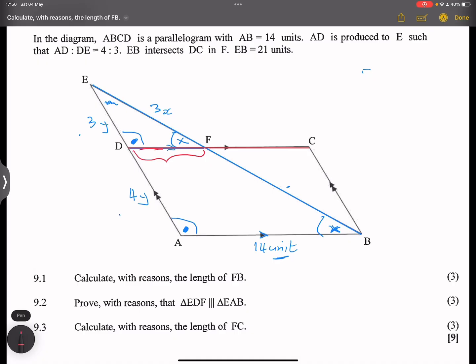I'm just going to do it over here. So I know that the smaller triangle divided by the bigger triangle, so what would be the ratio? The smaller triangle divided by the bigger triangle. Can you see that?